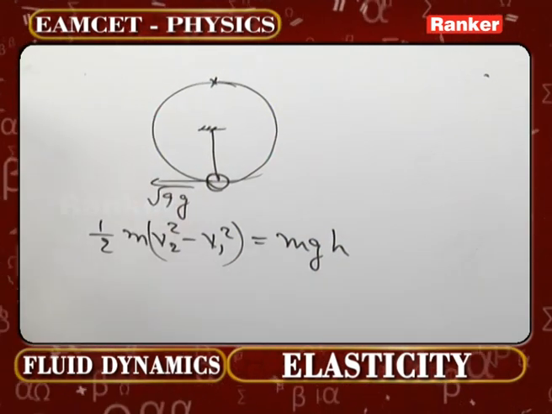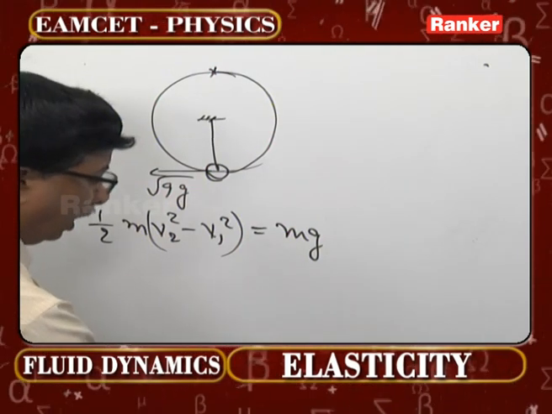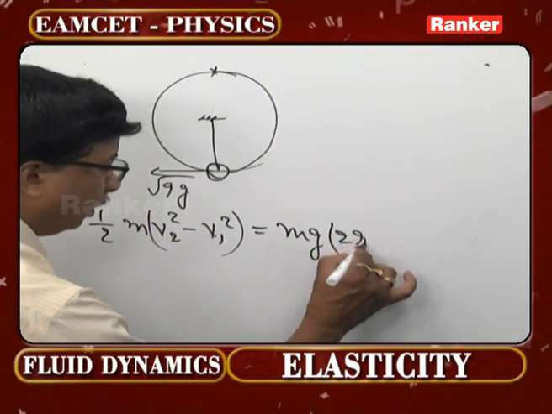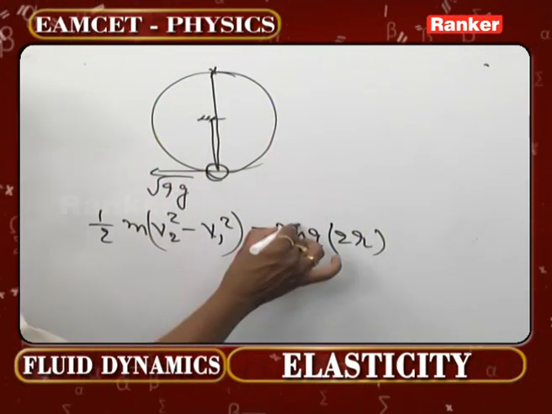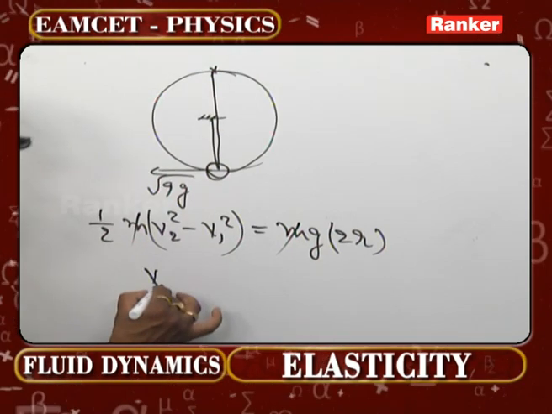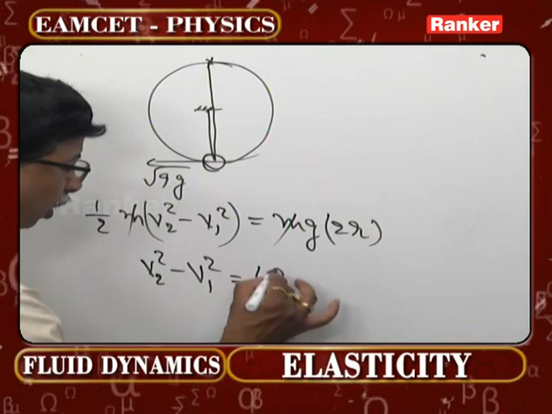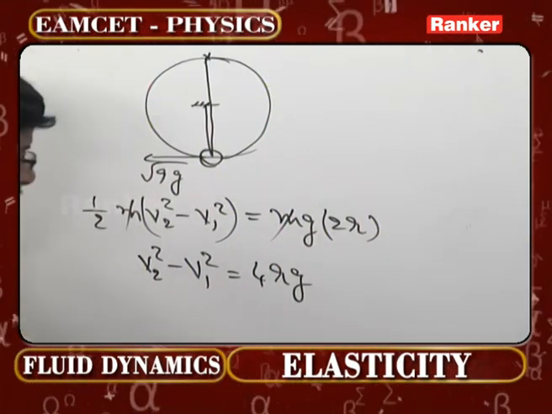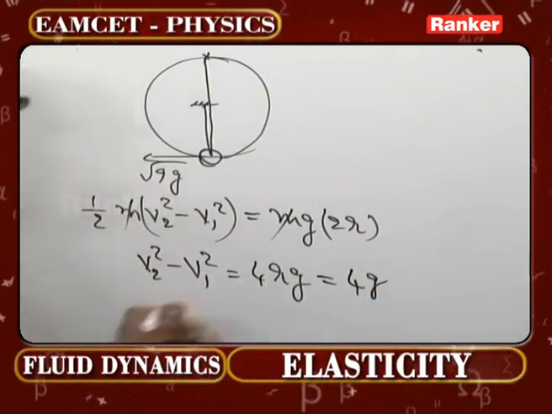What is the total length that is given? 1 meter. Therefore this h is to be written as twice the radius. That means this total height becomes diameter over here. M gets cancelled, you can understand. Now you can directly write V2 square minus V1 square is equal to 4rg. That is the concept. But what is r again? 1 meter. Therefore this becomes 4g.